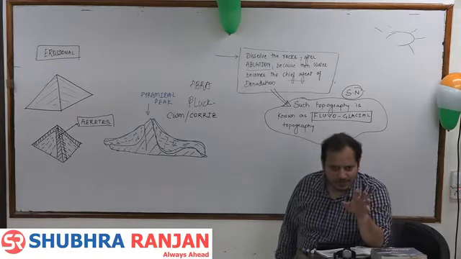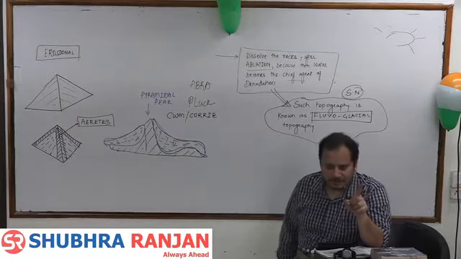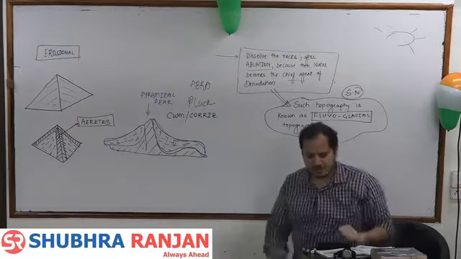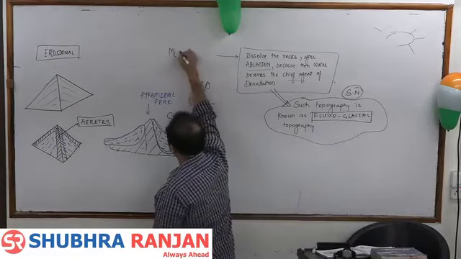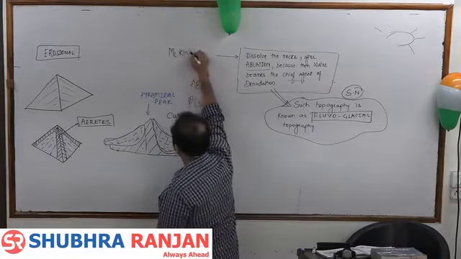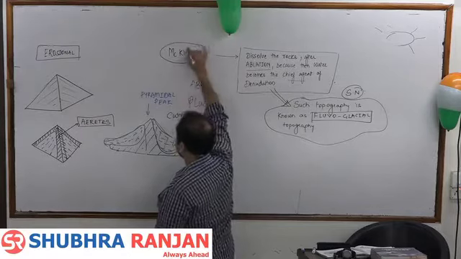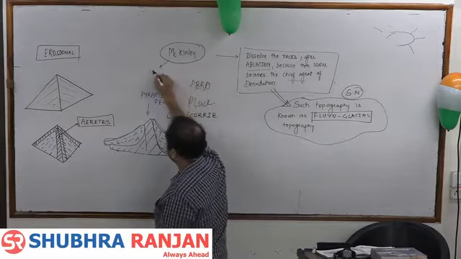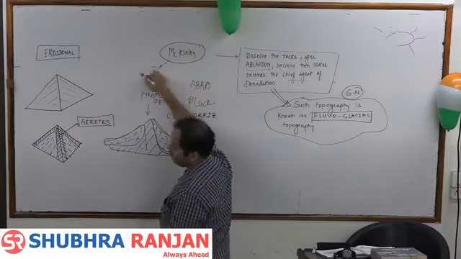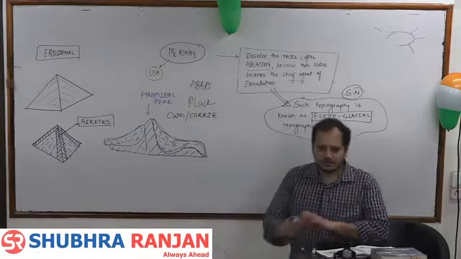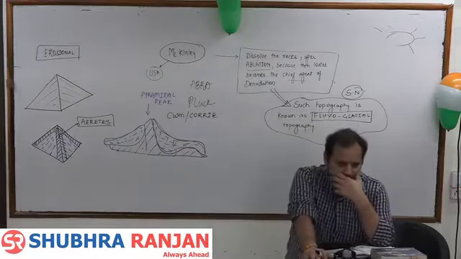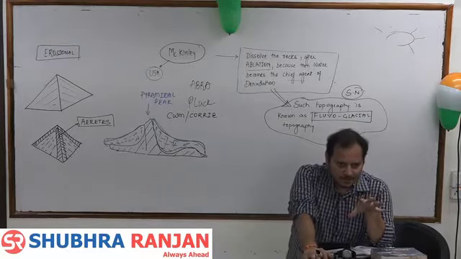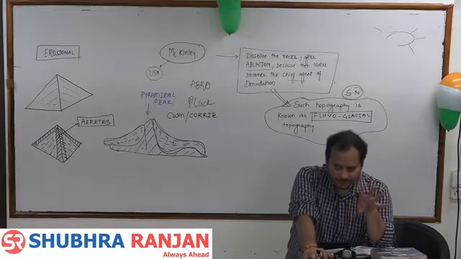Should I say the example again? Mont Blanc, the highest peak of the Alps. McKinley, the highest peak of USA, or the highest peak of the Rockies. Getting it? Fine with this?